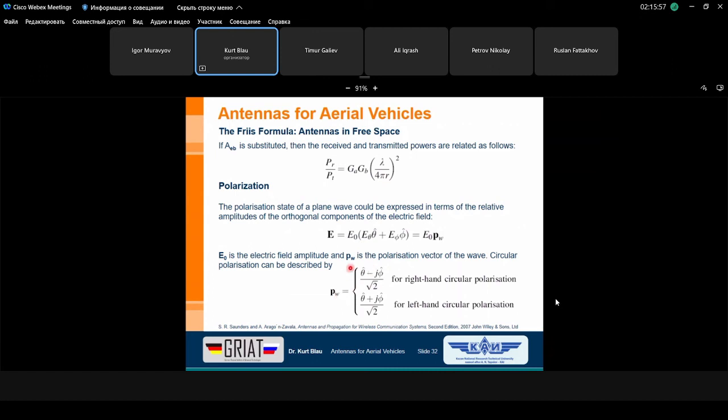For instance, if you have a component of the E field in the feed direction or in the other direction, depending on the direction of rotating, then we can see, if we look only at the components, it has nothing to do with magnitude, like here. It has only to do with the direction of rotation. Then we can explain this. I will do it later in detail for right-hand circular polarization or for left-hand circular polarization.